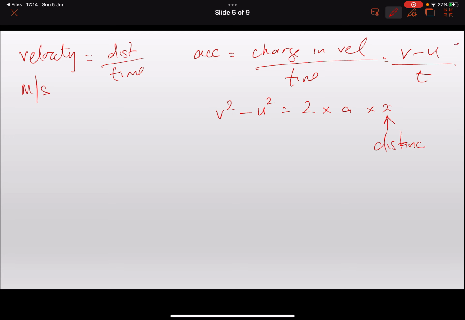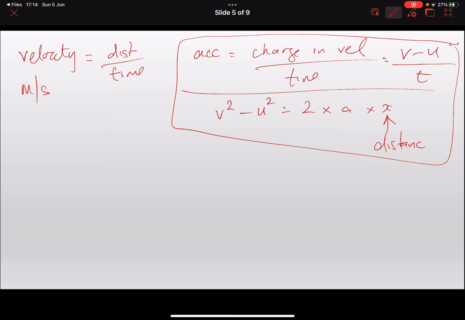Both of these formulae are required to work out acceleration. Which formula you use depends on the information given in the question. If you know velocity and time, you use change in velocity over time. If you know distance, you use the second one. The second formula I would say is the more challenging formula, for the higher paper.